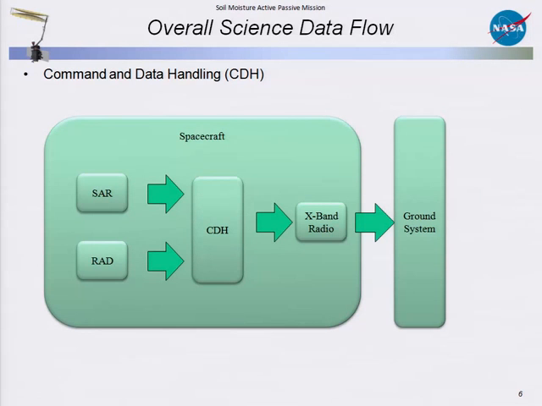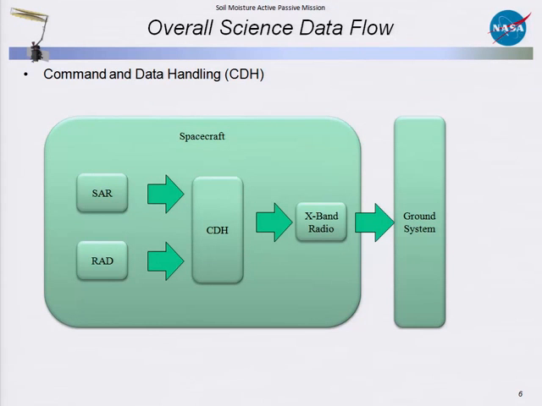And now if we sort of zoom in on the spacecraft and see some of the important parts in the orchestration of this, we see the two instruments I talked about on the left, the SAR and the RAD. And they have data that goes into our command and data handling box, C&DH for short. And then out of the command and data handling box, the data flows to the X-band radio. Okay, so that's kind of the high-level picture.